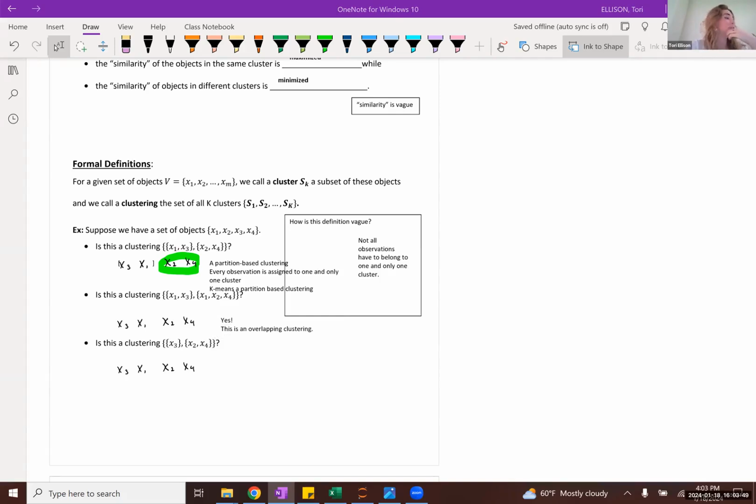I've split the class 50-50. Simply based on this definition, which is very loose in terms of constraints, this set of subsets is also, in fact, a clustering. Take note that X1, one of our observations in the set, does not belong to a cluster. But based on that definition, that's okay. We're not requiring every observation to belong to a given cluster.